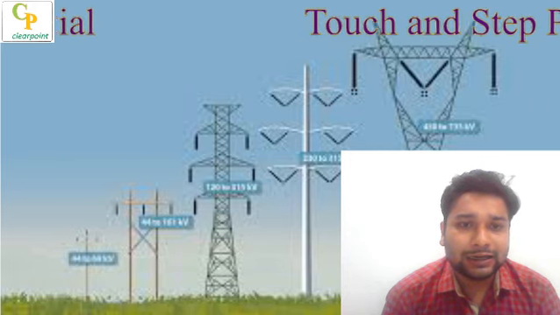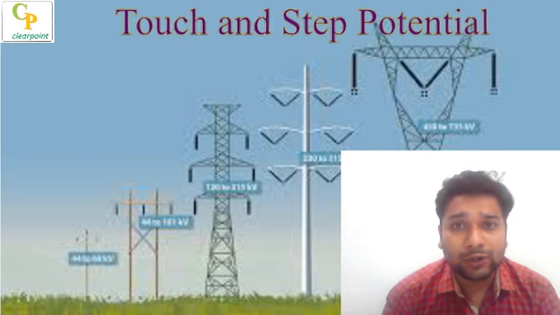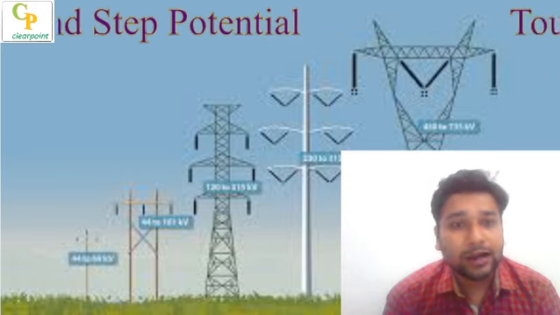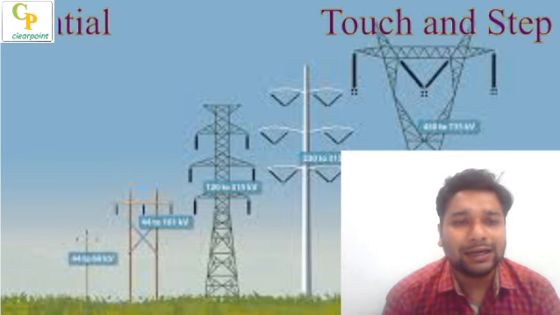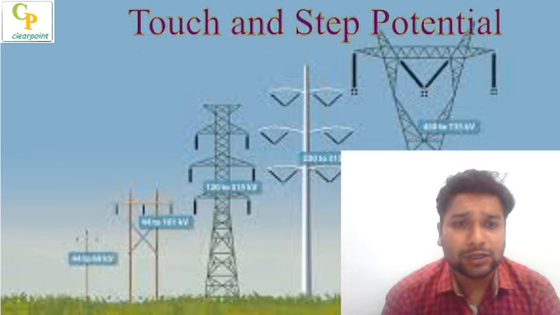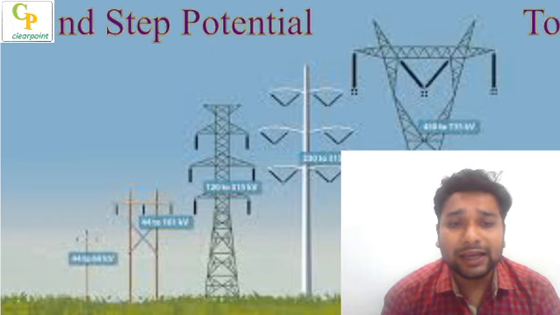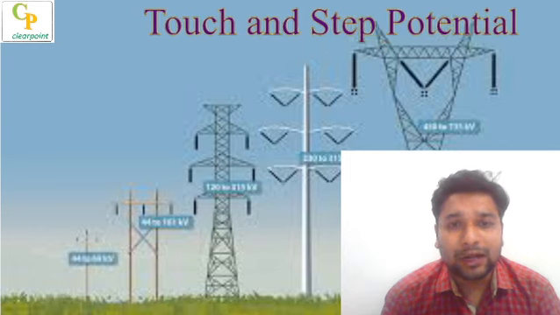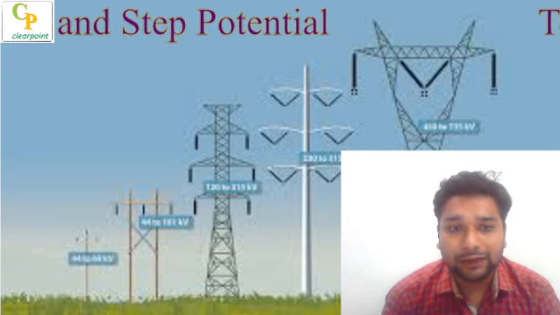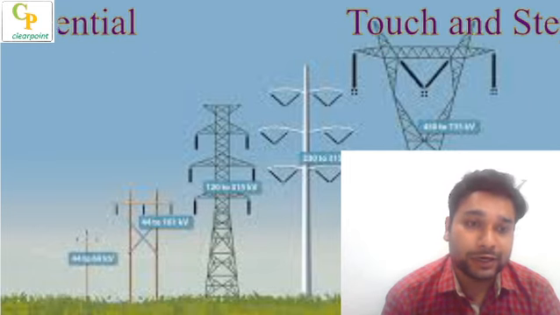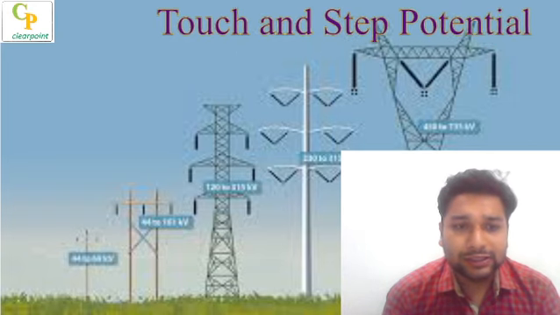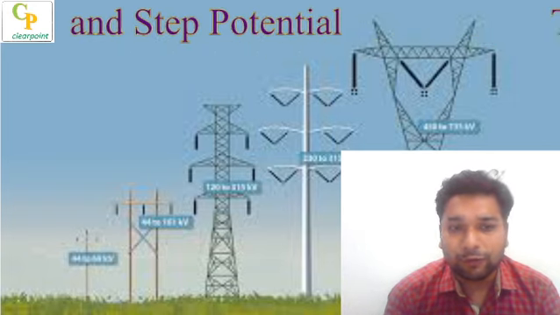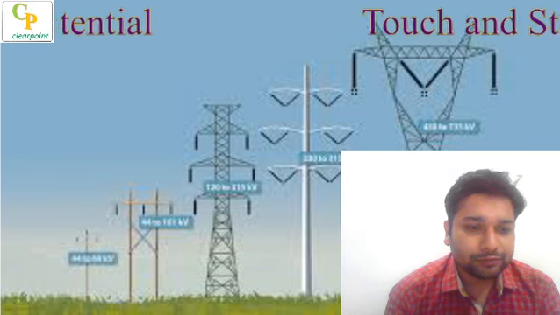If you directly touch that conductor, knowing that it is a grounded conductor and no current is flowing through it, then it can be treated as a touch potential. But if the area is energized and you don't know what step potential is, then it will harm you, and you will lose your life if the line has a kilovolt rating. So let's see what touch potential is first, and then follow with step potential.